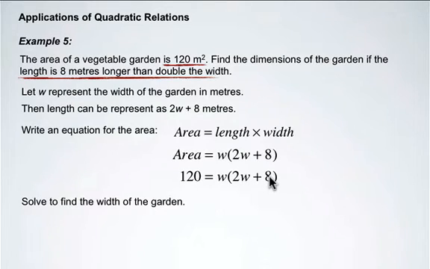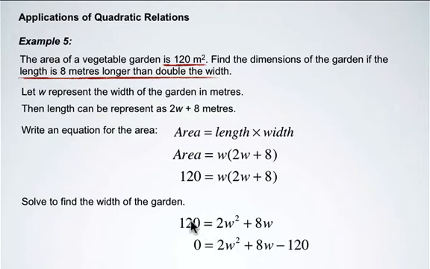We'll now solve to find the width of the garden. 120 is equal to 2W squared plus 8W. What we've done here is multiplied W times 2W and by 8 to give us this.